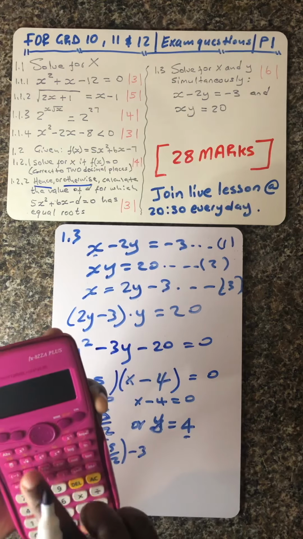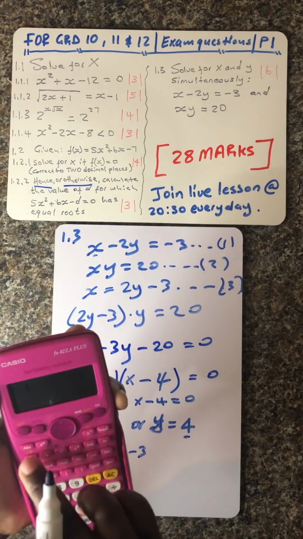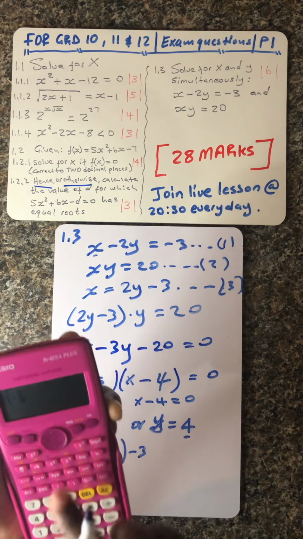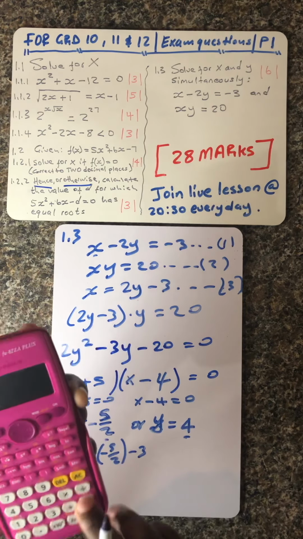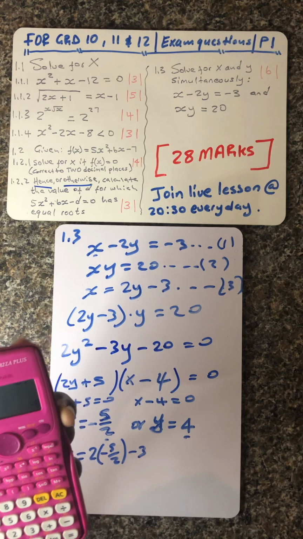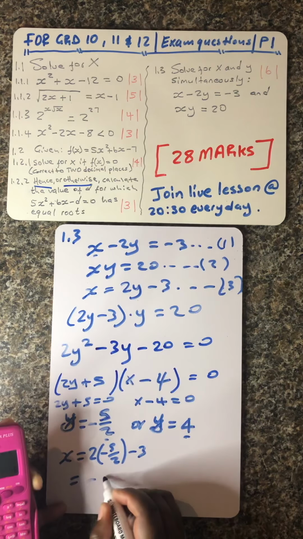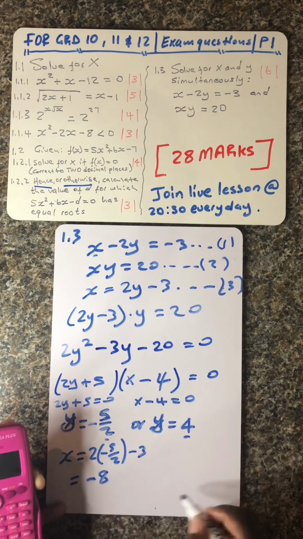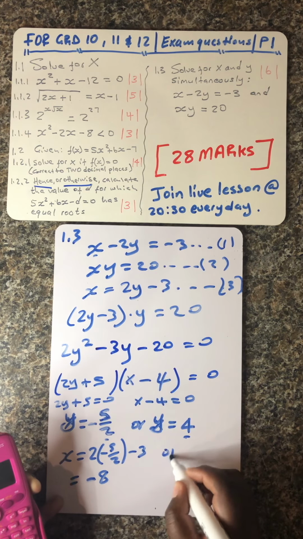So it's 2 into negative 5 over 2, you close, you subtract 3, and the answer that I get is negative 8.